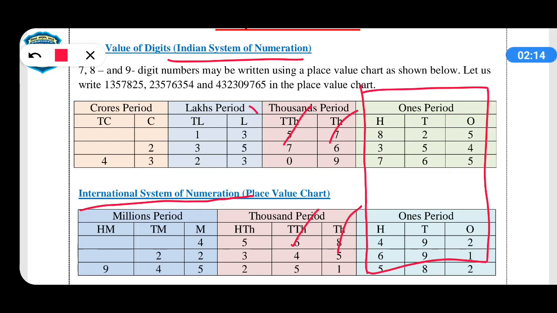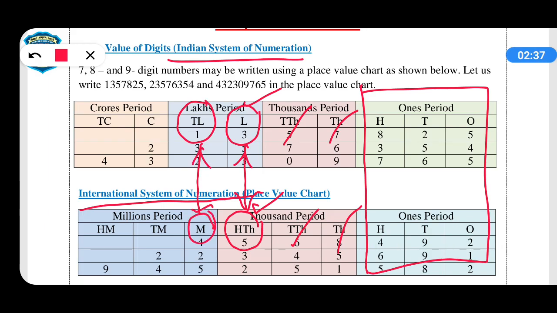In the Indian system it is lakh, in the international system it is 100,000. So lakh and 100,000 are both equal. When you say lakh, it is 100,000, right? In the Indian system, 10 lakh is equivalent to 1 million, right?